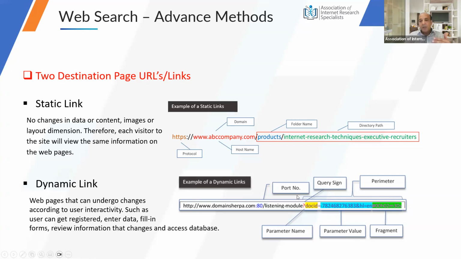But what is suggested by Google, or the system that runs the search engine, is that programmers mask this, but in a format that you saw in the snippet portion, where there are words that interpret or translate anything up to where it says listening module and a question mark.